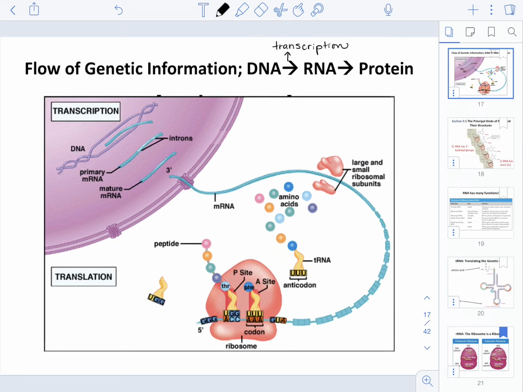RNA is a very important molecule because there are many RNAs that undergo the process of translation to synthesize proteins that are needed in any organism. The figure that we have in this slide represents these processes of transcription and translation, specifically in eukaryotes.